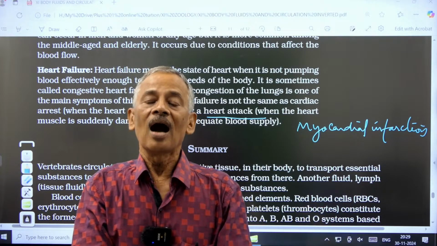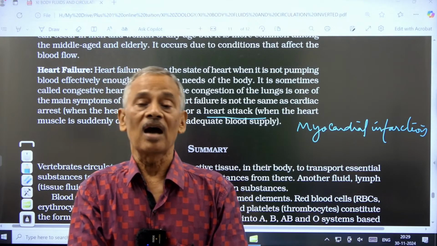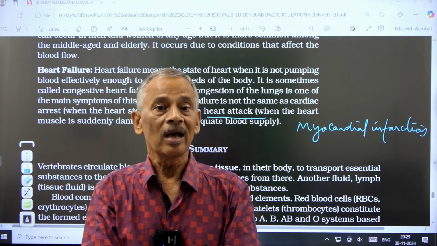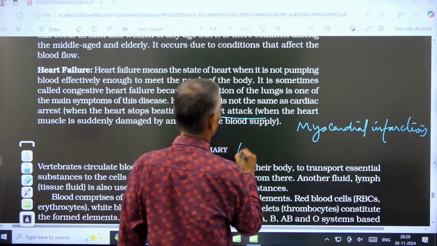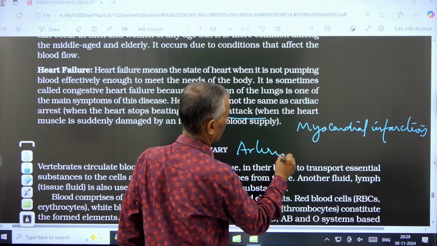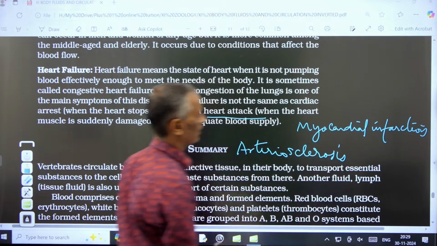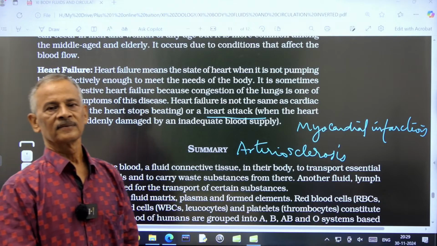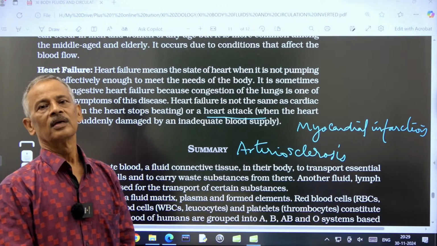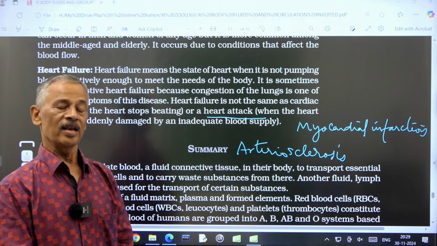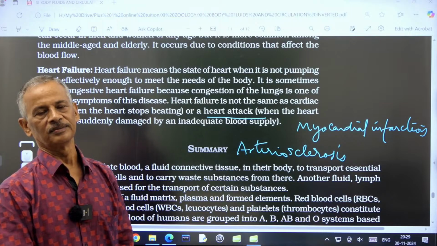And hardening of the muscles or the walls of the artery is called arteriosclerosis. Arterial walls are in general losing their elasticity.